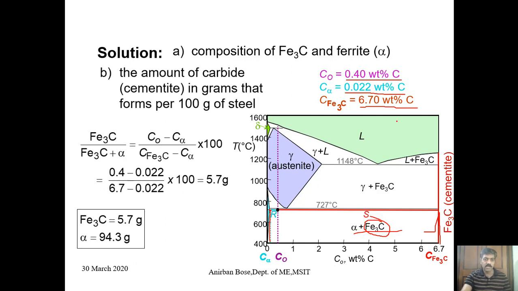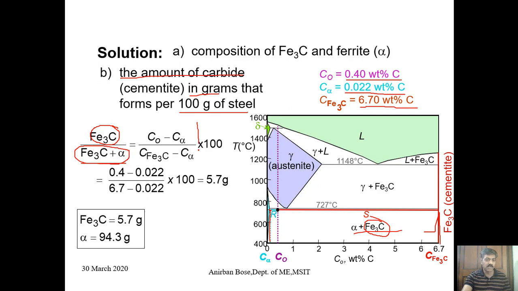Let us first find out the fraction, then if you multiply it by 100 you will get the exact amount in gram. So Fe3C amount divided by Fe3C plus alpha, that is the total mixture, is the weight fraction.